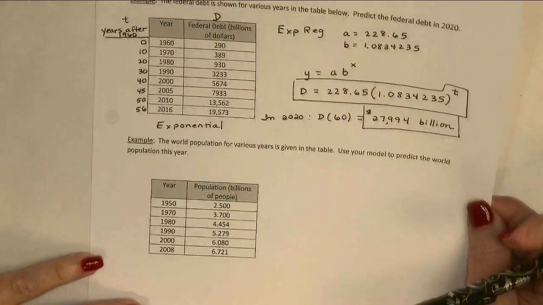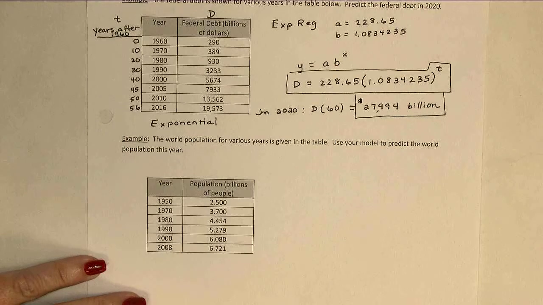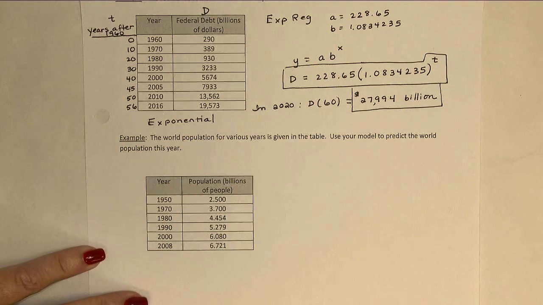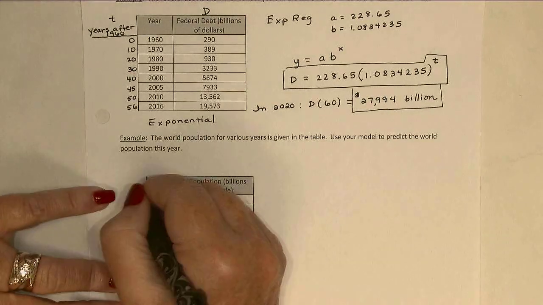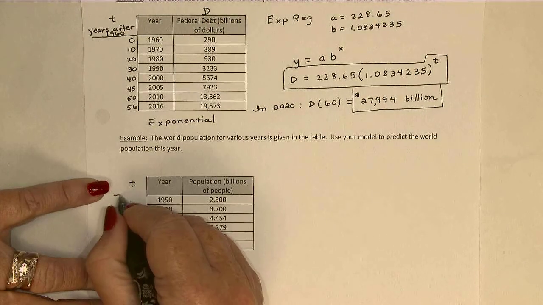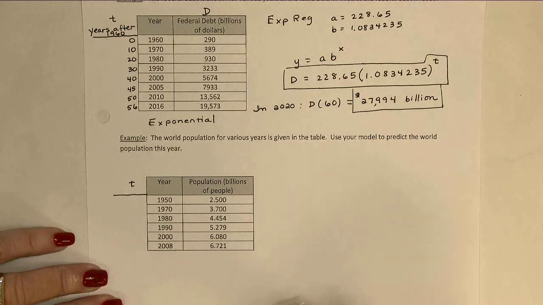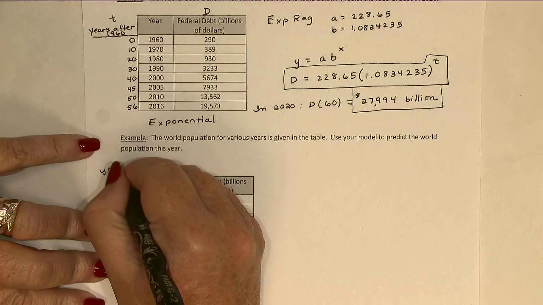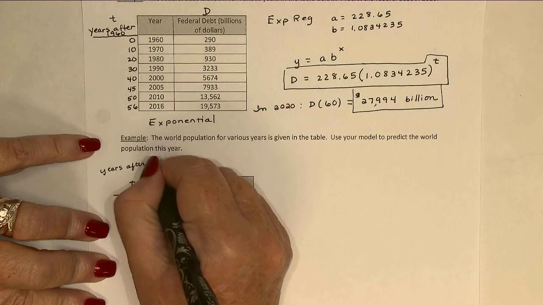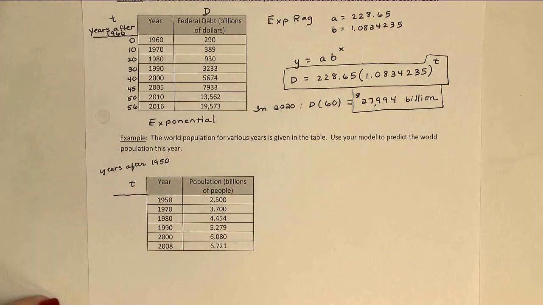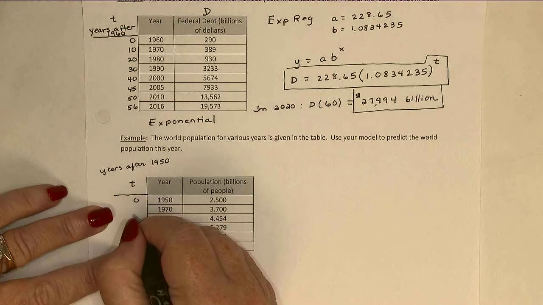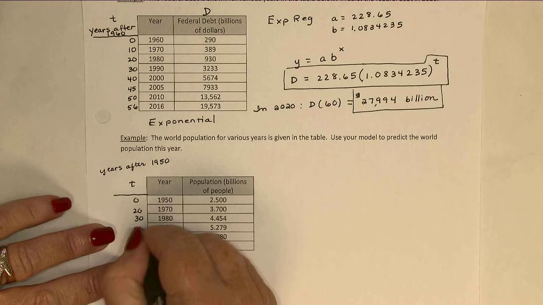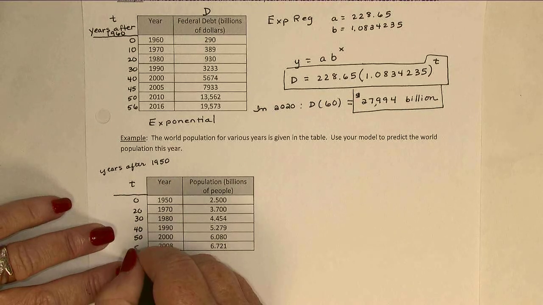All right, let's take a look at the next one. This one we've got a world population problem. We've got various years again and the population of the world in billions. For our t values, I like to use whatever's at the beginning of the table usually. So I'm going to go years after 1950 for my t. So we've got 0, 20, 30, 40, 50, and 58.